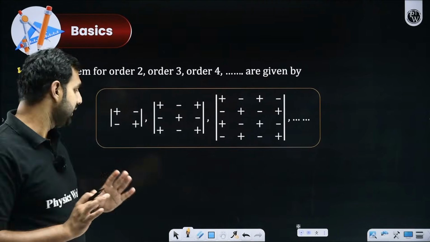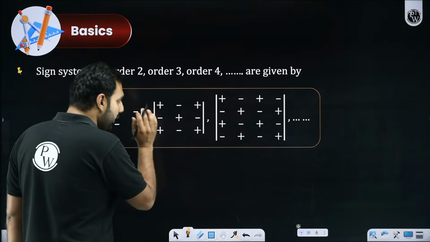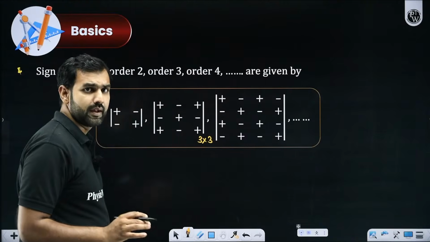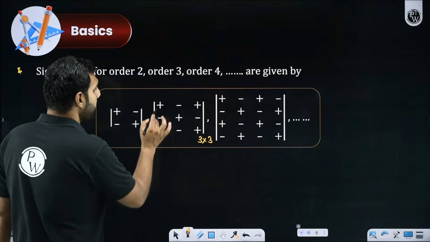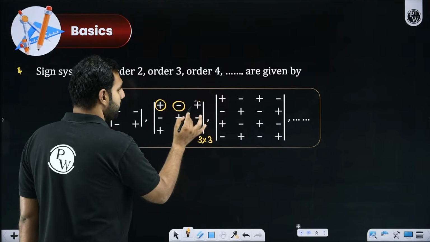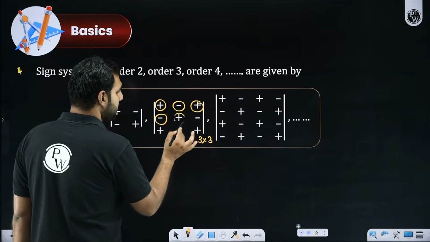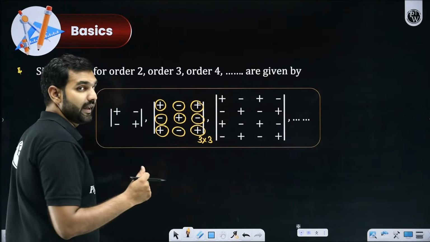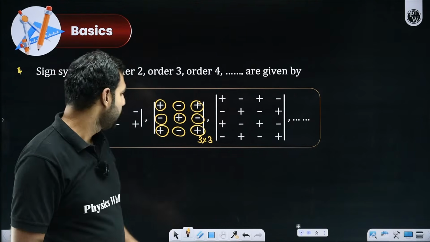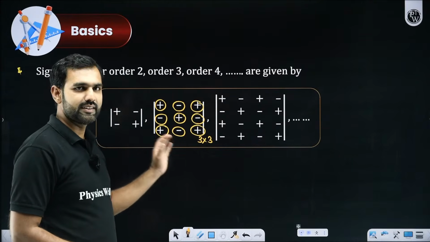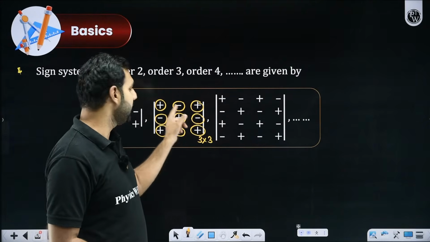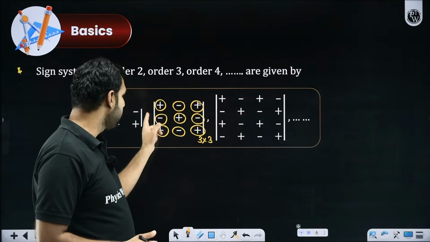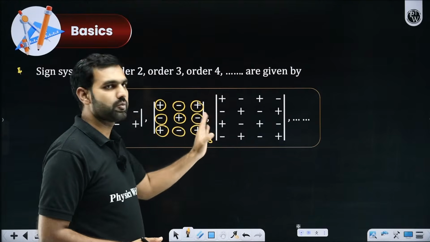With a 3 by 3 determinant, the sign scheme we follow is plus, minus, plus, minus, plus, minus, plus, minus, plus. So luckily or coincidentally, with the 3 by 3 matrix, the sign scheme you follow is plus minus plus, minus plus minus, plus minus plus.